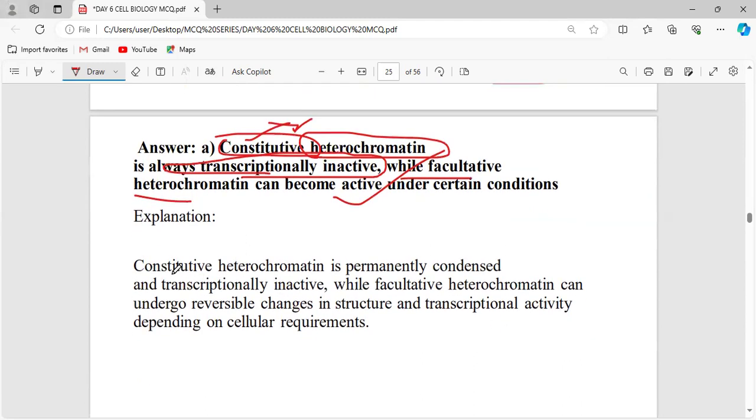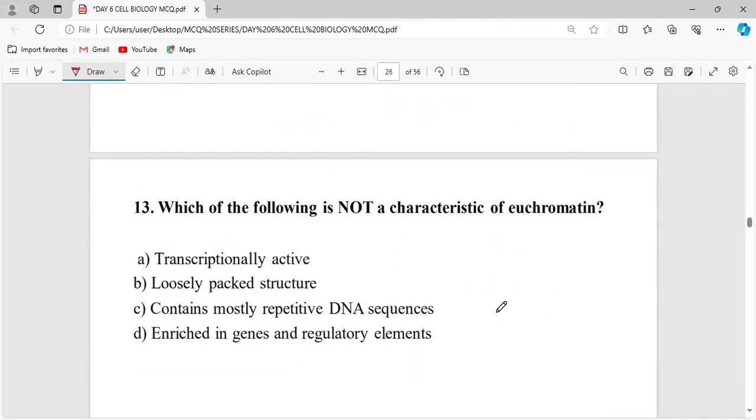Constitutive heterochromatin is permanently condensed, and facultative chromatin can undergo reversible changes in its structure. Sometimes it will be transcriptionally active and many times it will be inactive. It is reversible, and constitutive is permanent.